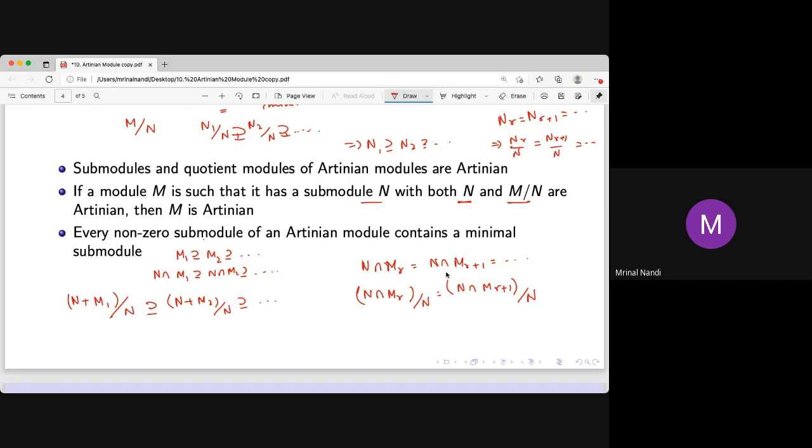So since these two are equal, what happened? Mr plus 1 is a submodule of Mr, and so on for all.